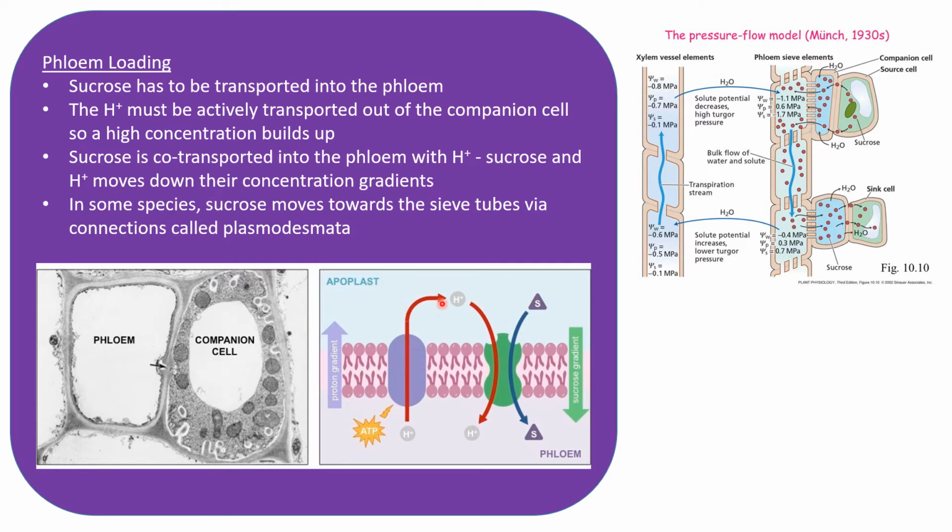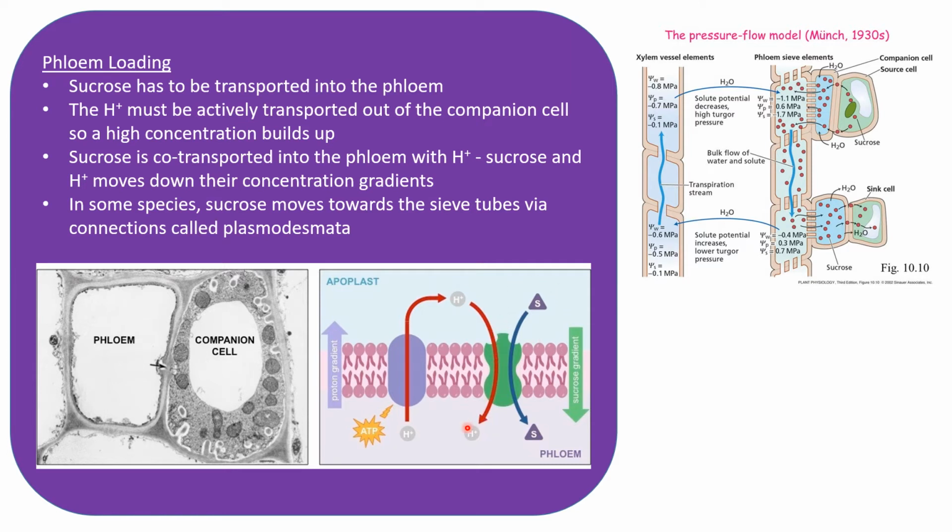Then the hydrogen ions can move down their concentration gradient through this co-transporter, and the co-transporter co-transports the hydrogen ions with the sucrose. So the sucrose can't move through that co-transporter without the hydrogen ions. Therefore, this active transport must take place in order for both the hydrogen and the sucrose to be able to move into the phloem.